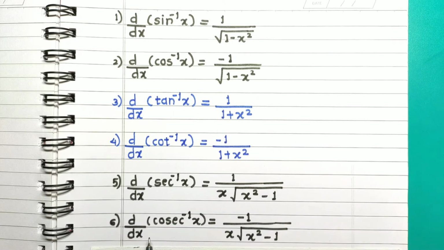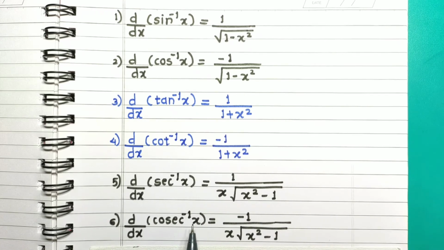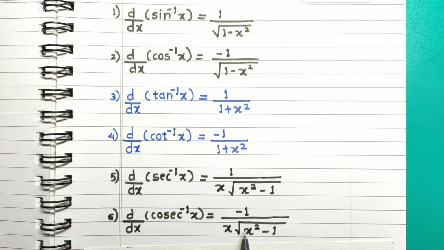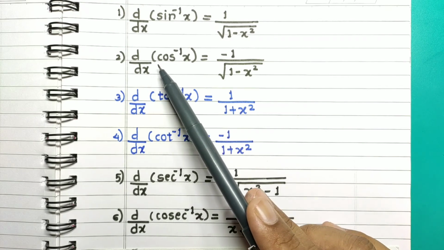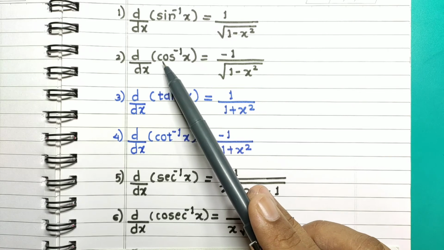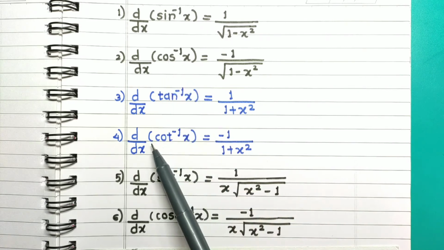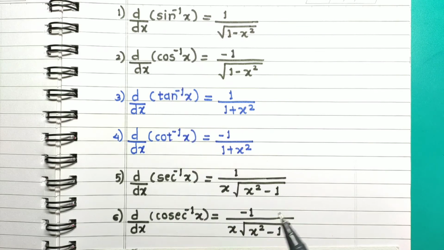And lastly, derivative of cosec inverse of x is minus 1 upon x into square root of x square minus 1. Students, note that the functions which start with letter C, cos inverse, cot inverse and cosec inverse, these three functions have negative derivatives.